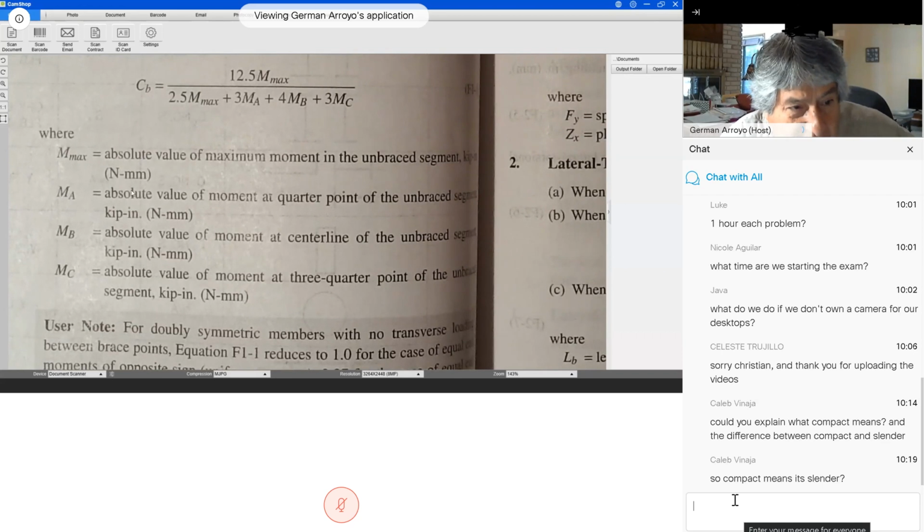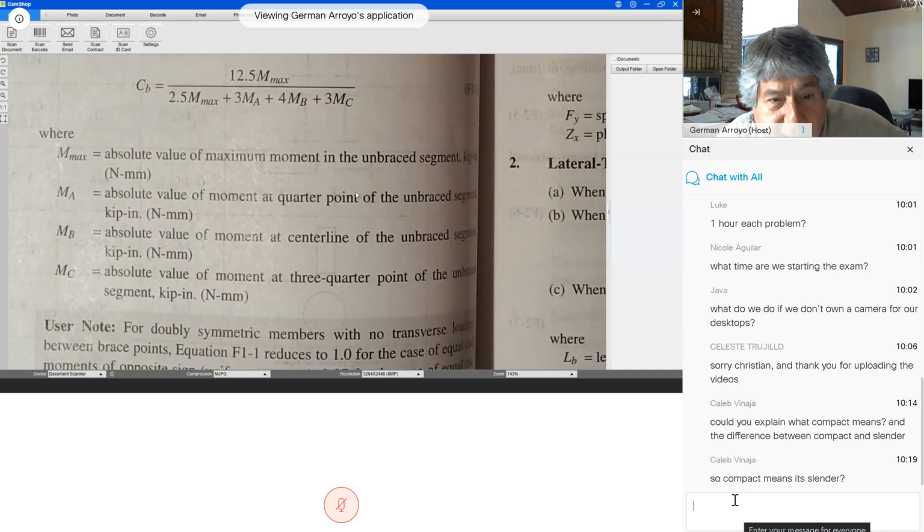The same in here, MA is the moment at the quarter point of the unbraced length. MB is also positive, the moment at the middle of the unbraced length, and MC is the moment at 3/4. I'm going to tell you what it means.